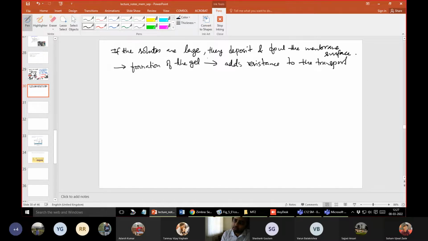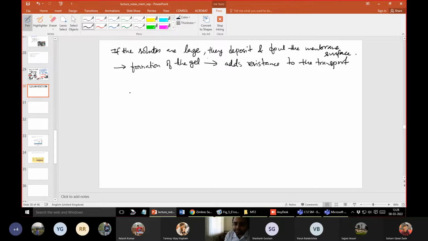Since the molecules are large, osmotic pressure is not so important. But now you have an additional layer over the membrane surface, which blocks or fouls the membrane and reduces its capability of filtration. In other words, it adds to the resistance to transport.